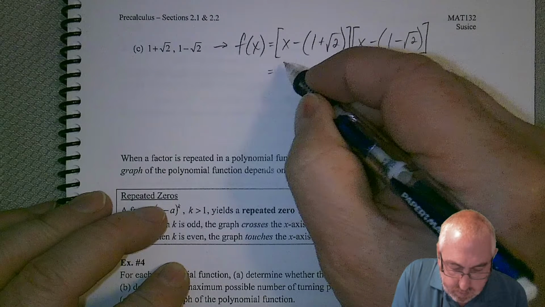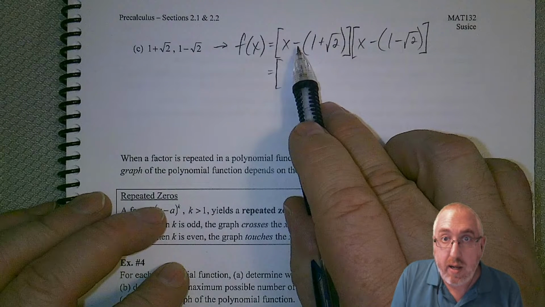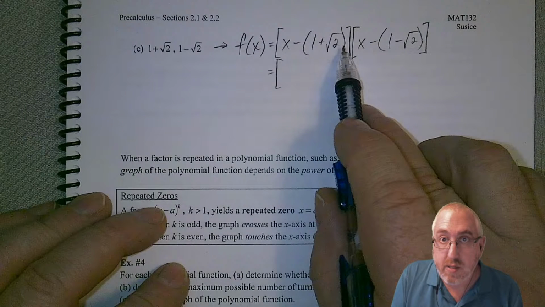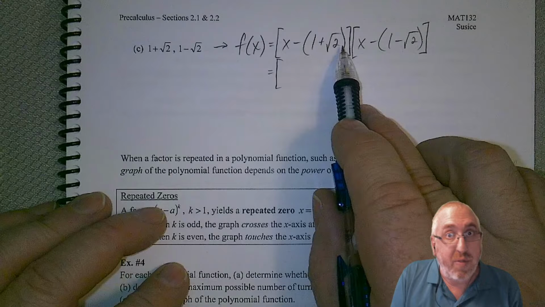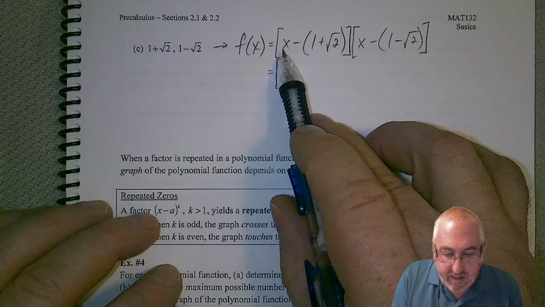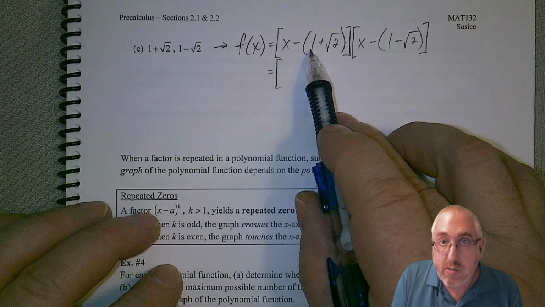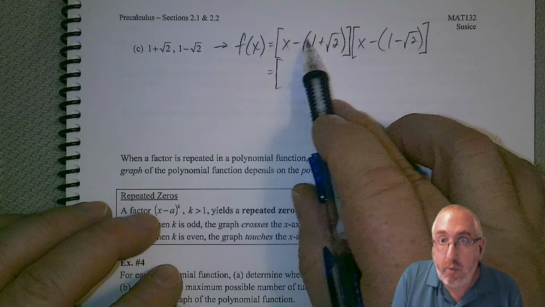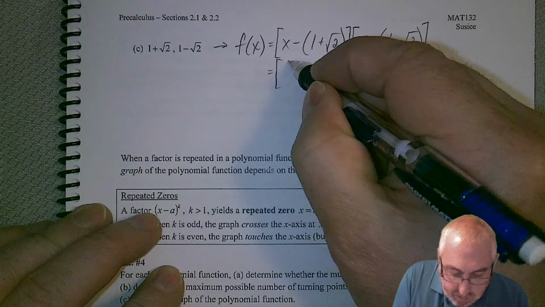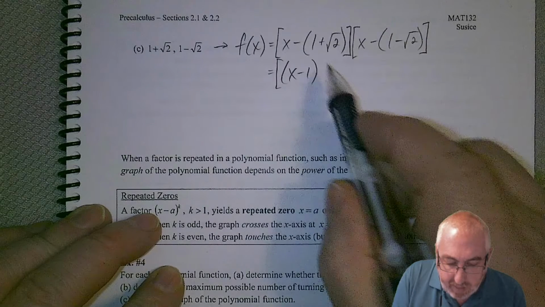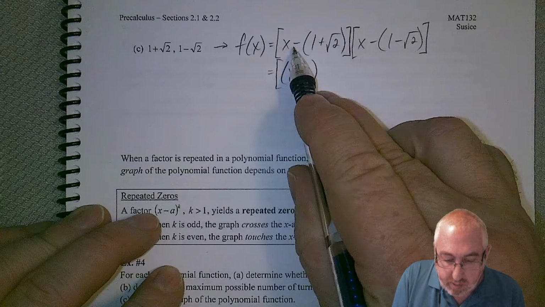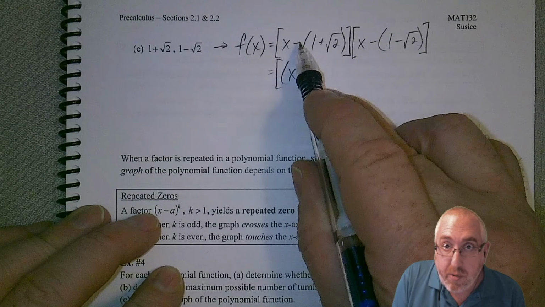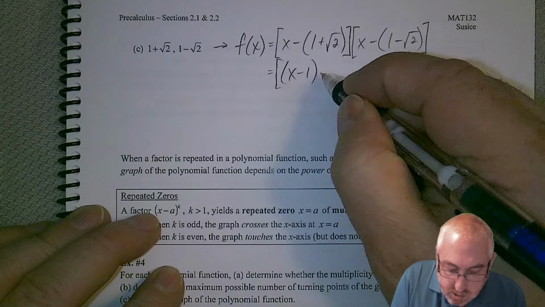So I'm going to take this negative sign and distribute it into these parentheses. But then I'm going to group together the x and the minus 1. Because when I distribute, I'll get a negative 1 there. So I'm going to say x minus 1, and that gives me my minus 1 here. And then when I distribute the negative onto that, I get a minus square root of 2.